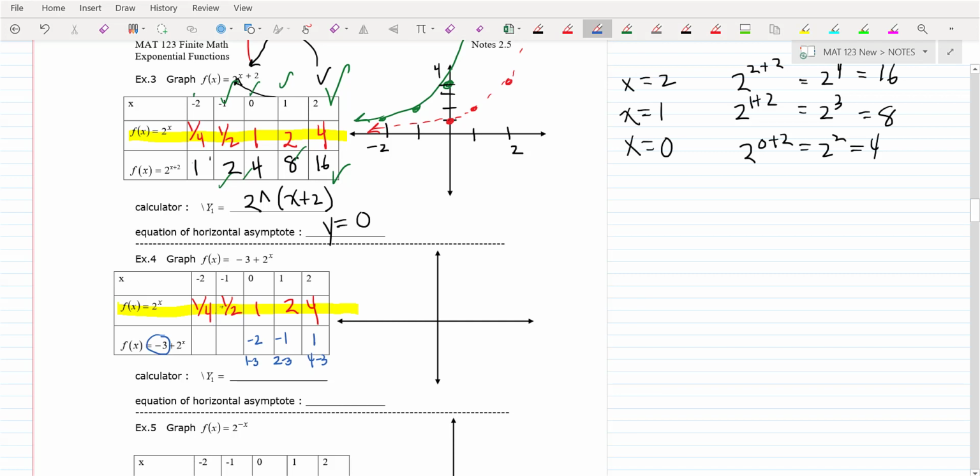You could use your calculator if you wanted to. A half minus 3 would be negative 2.5, and a fourth minus 3 would be negative 2.75. You can get decimals on your calculator if you want to.